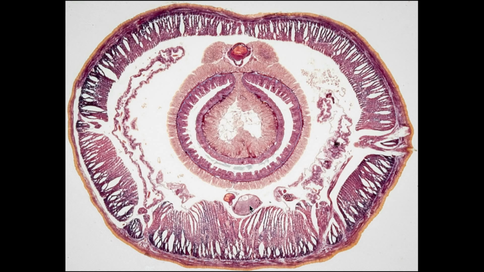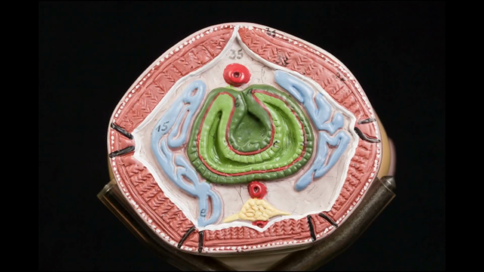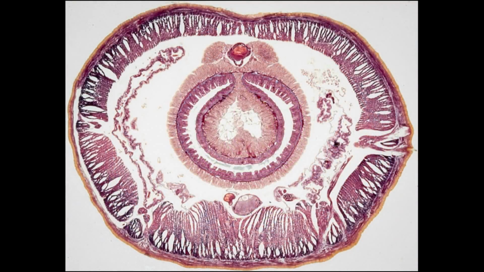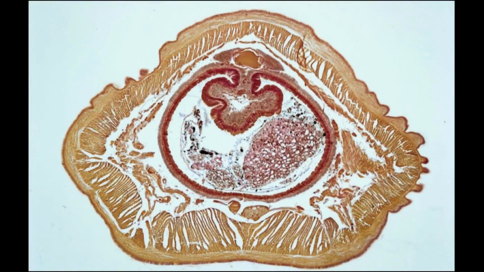Identifying the major parts in both the model and a microscope slide will make it much easier for you to identify them during the laboratory practical. Despite the differences in appearance, this is also a microscope cross-section of an earthworm. You can find all the same structures as in the previous specimen.